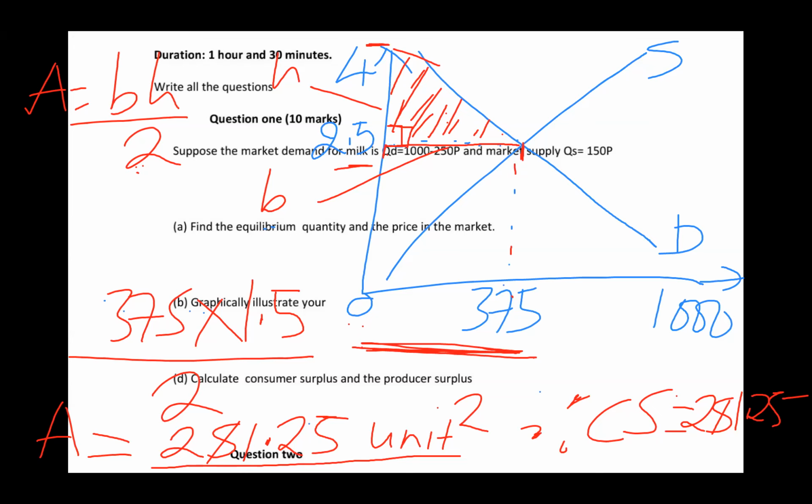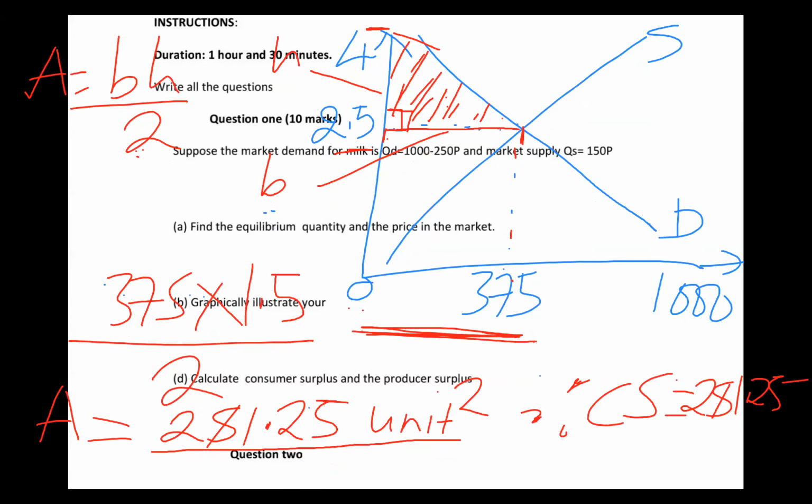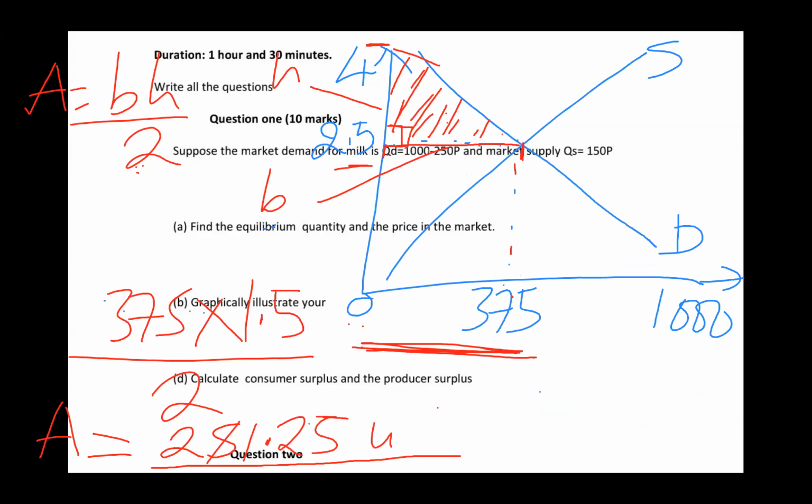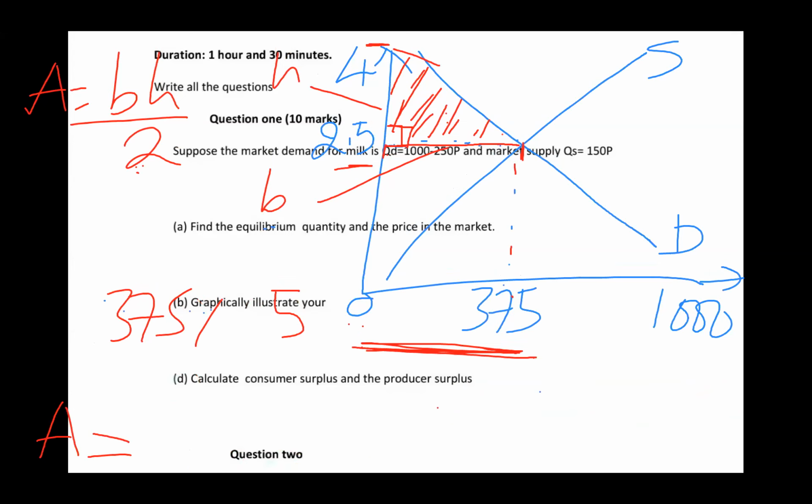All right. Assuming there is no other question, we can move on and find the producer surplus. The formula is still the same. For the producer surplus, it is basically the area, let me shade it in black, this area now.